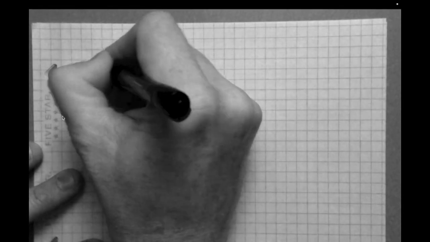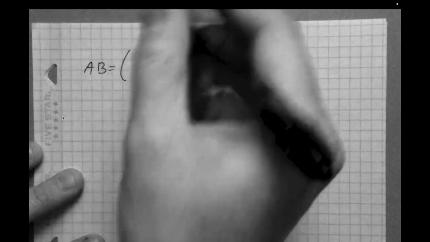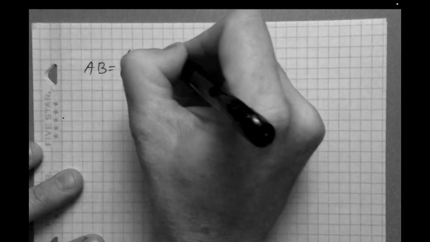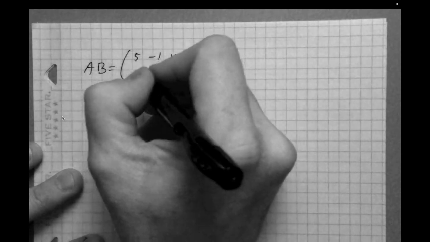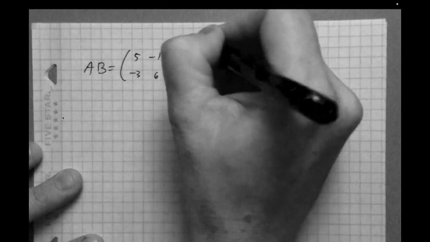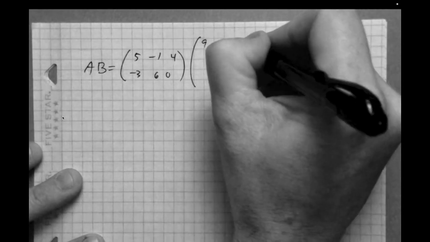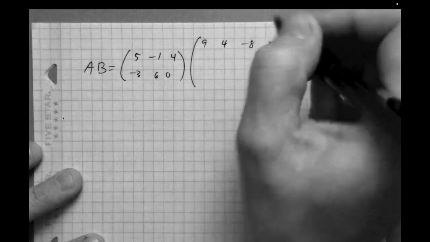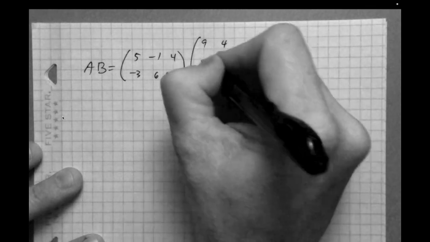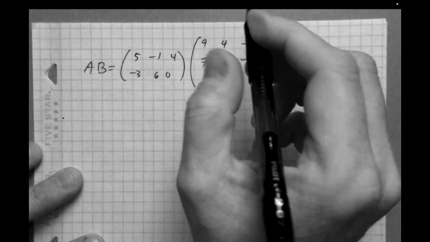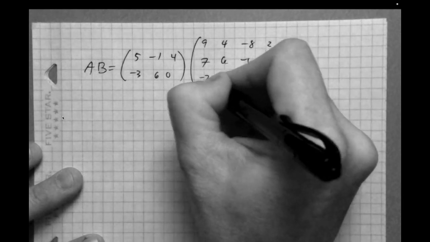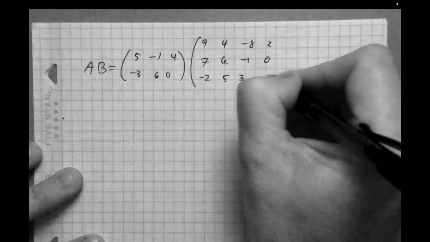Let's think about another way to visualize this calculation. Let's say I want to multiply AB. I can write the matrix out here: 5, -1, 4, -3, 6, 0. Then I rewrite this: 9, 4, -8, 2, 7, 6, -1, 0, -2, 5, 3, -4.